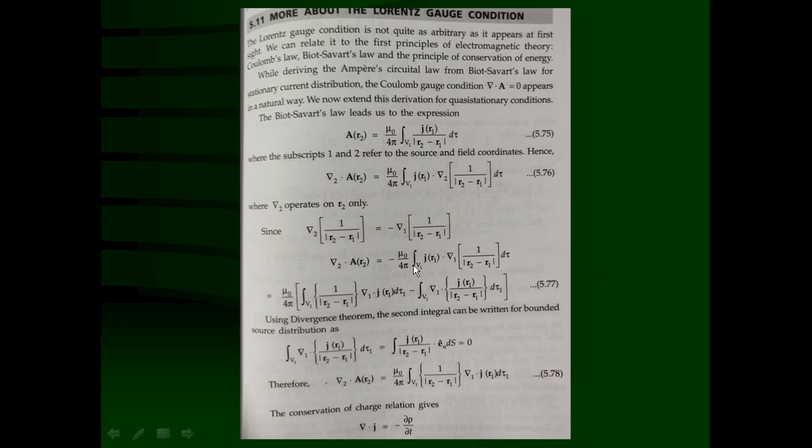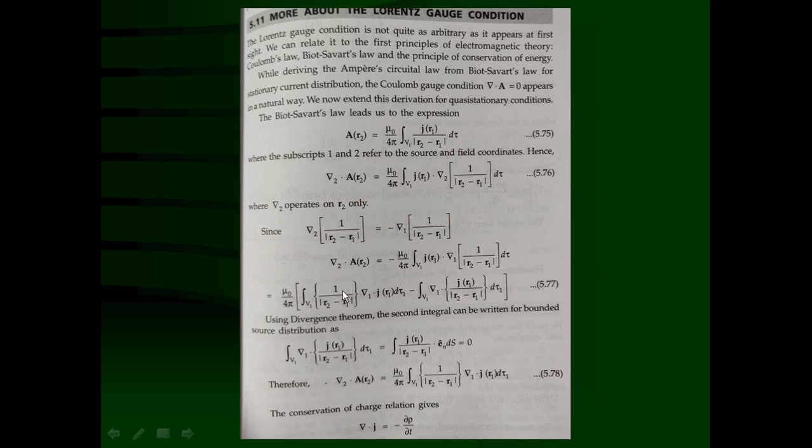So del 2 dot A of R2 in this equation is replaced by two terms. That means this value is substituted in this form: mu 0 upon 4 pi, volume integration over V1 of 1 upon the scalar quantity modulus of R2 minus R1 into the divergence del 1 dot J of R1, d tau 1, minus the volume integration of del 1 dot J of R1 upon modulus of R2 minus R1, d tau 1.